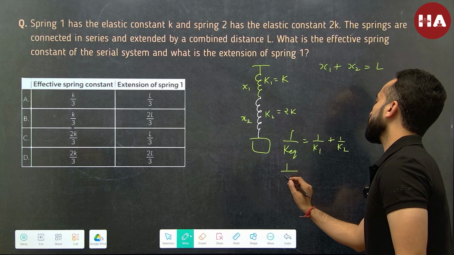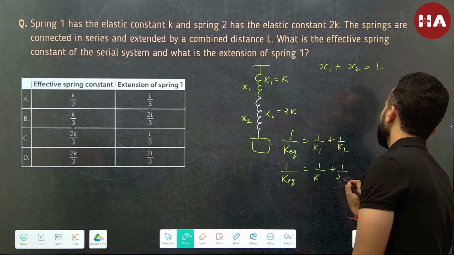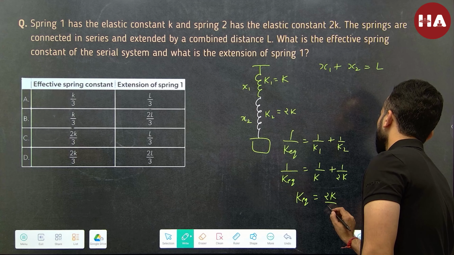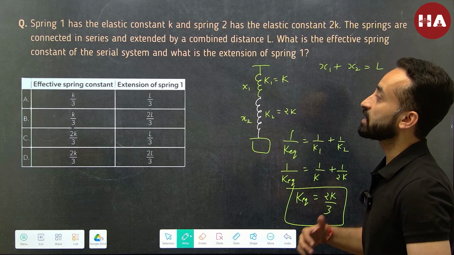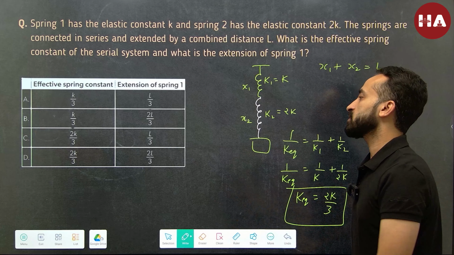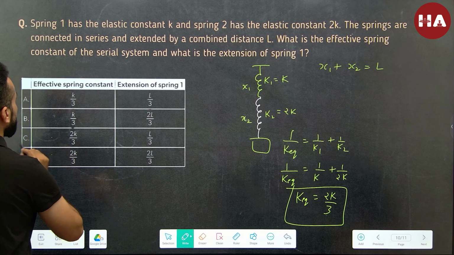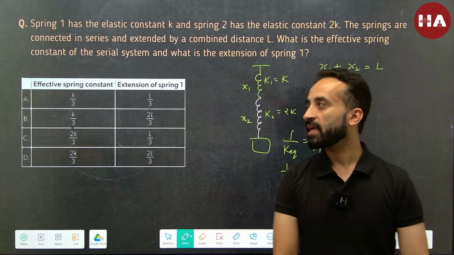So 1 over K equivalent equals 1 over K plus 1 over 2K, and therefore K equivalent turns out to be 2K over 3, isn't it? Are they asking us that? Of course, yes. The effective, or equivalent, spring constant. So the answer is 2K over 3, but that is in option C as well and option D as well. So A and B cannot be the correct choice.